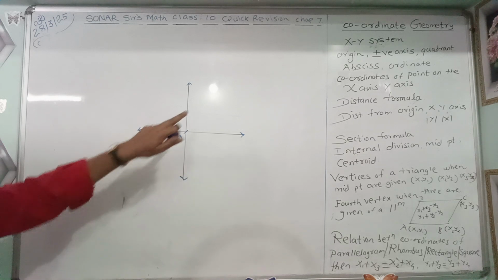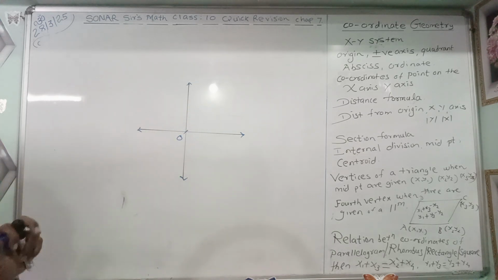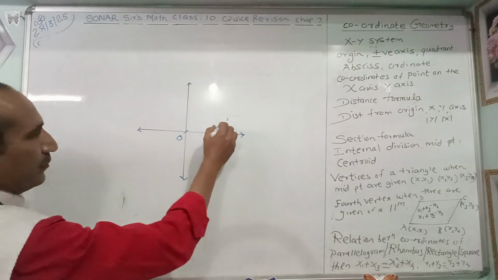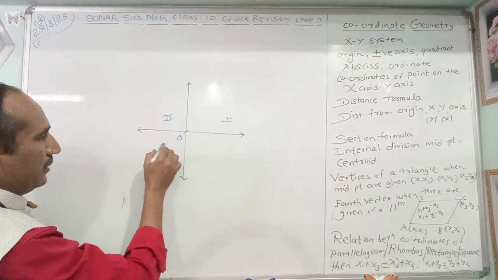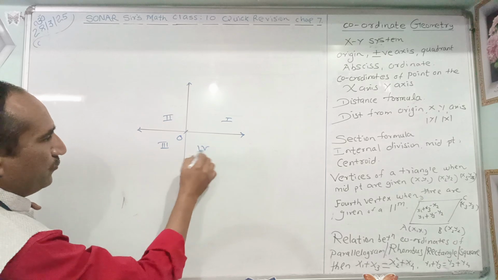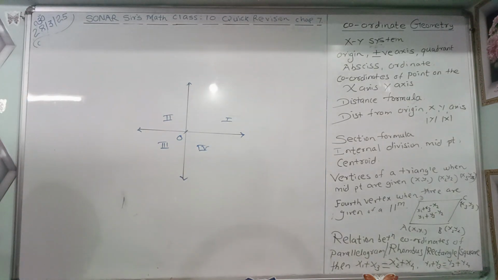And each part, in anti-clockwise direction, is named the first quadrant, second quadrant, third quadrant and fourth quadrant.